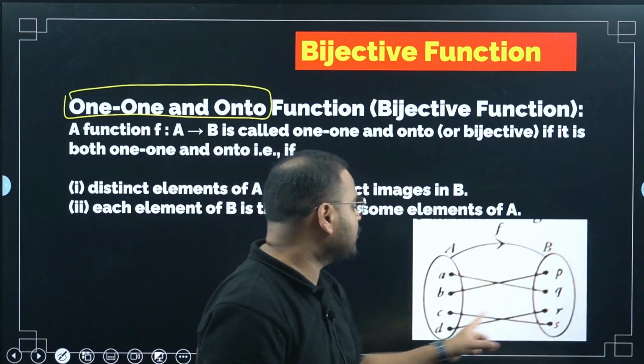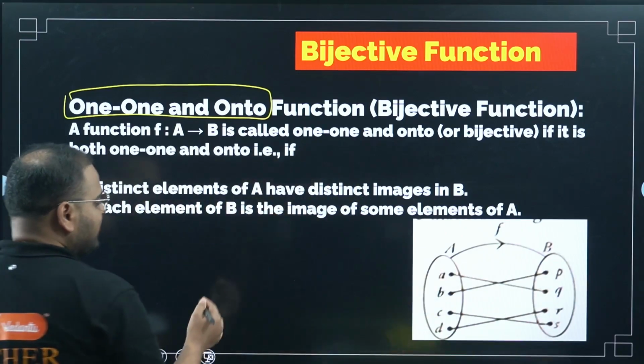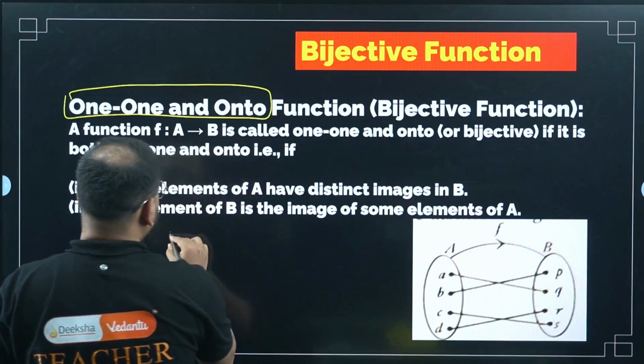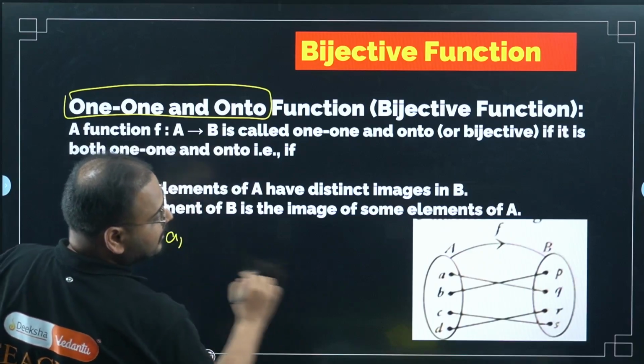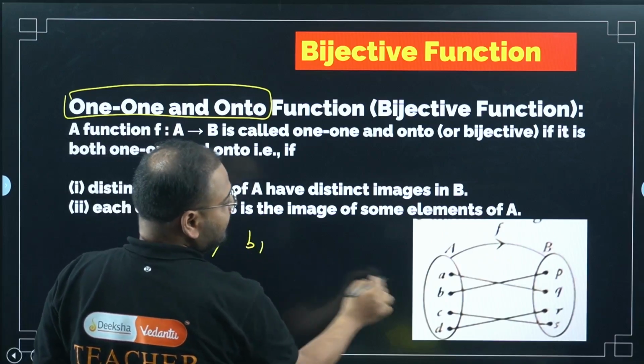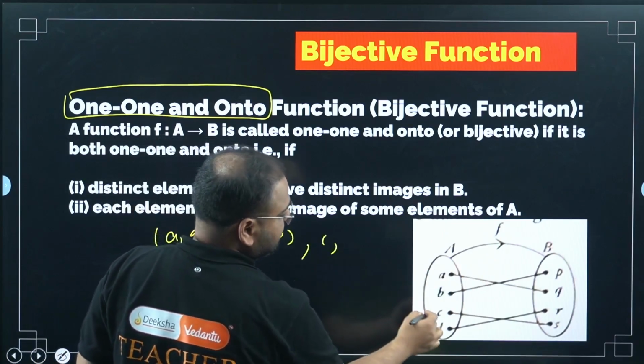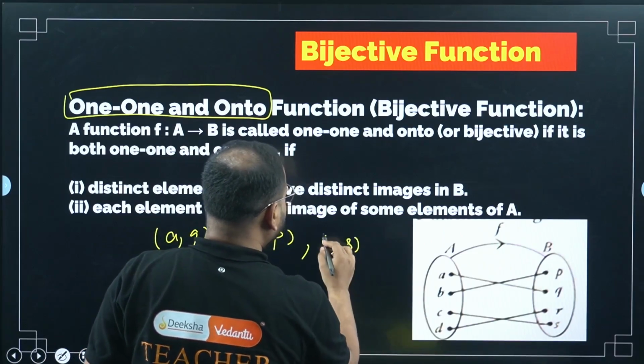For A I have Q, for B I have P. If I write the ordered pairs, how will that look? For A I have Q, for B I have P, for C I have S.